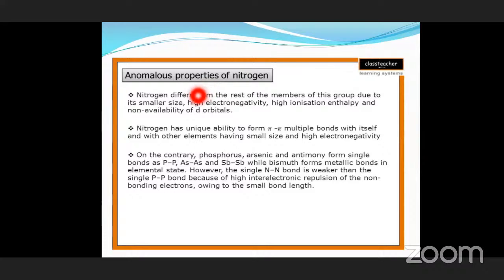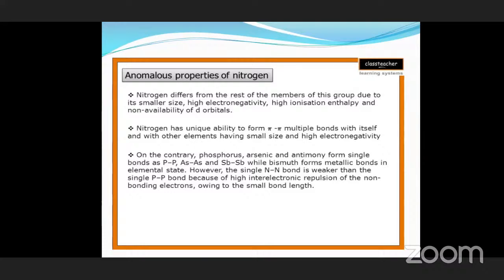Nitrogen differs from the rest of the members of this group due to its smaller size, high electronegativity, high ionization enthalpy, and non-availability of d orbitals. Nitrogen has a very small size and high electronegativity; its electronegativity value is 3.0.